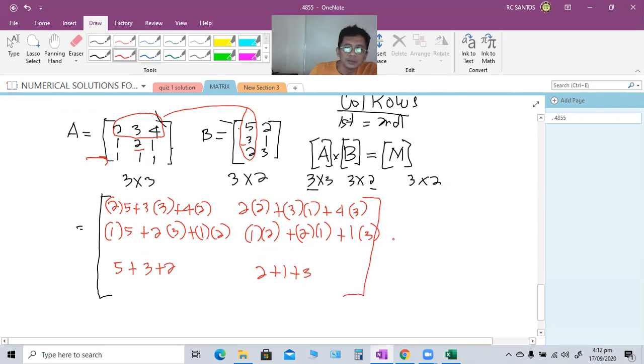Ayan. So, simplifying this, pagalingan na ito sa arithmetic. Dito ako nagkakamali pala. 2 times 5, 10. This is 19 plus 8, 27. So, tama po. Ito naman, this is 4 plus 3, 7 plus 12, 19. Ito naman is 5 plus 5, 10, 12.